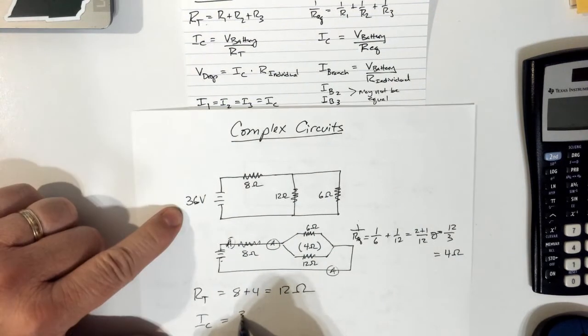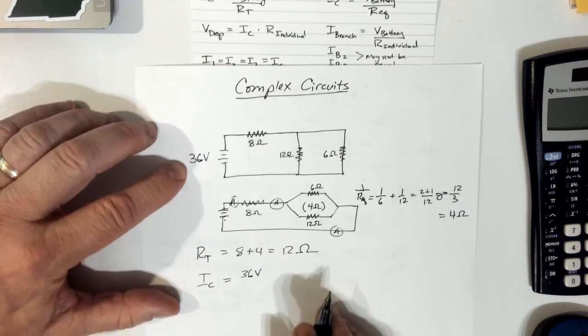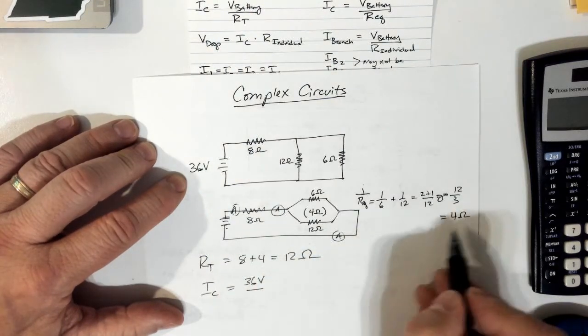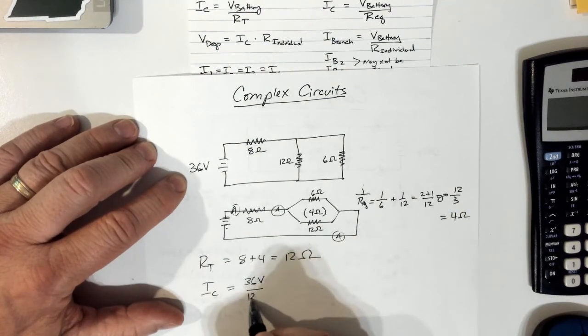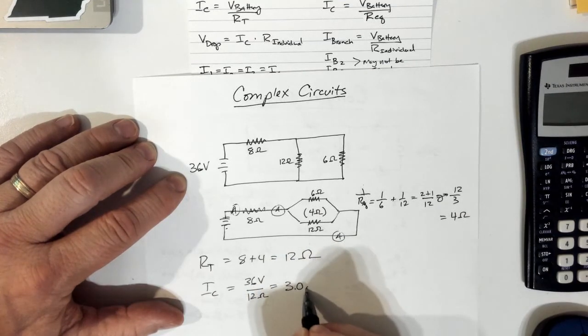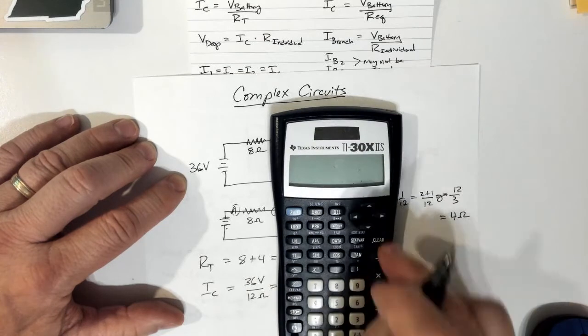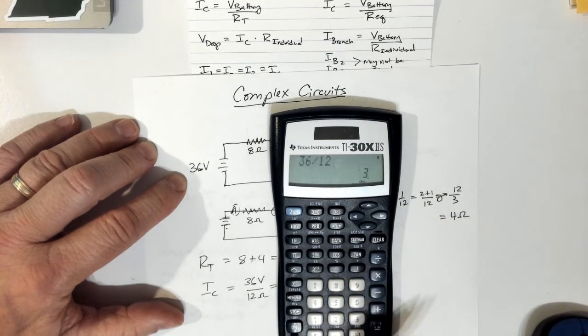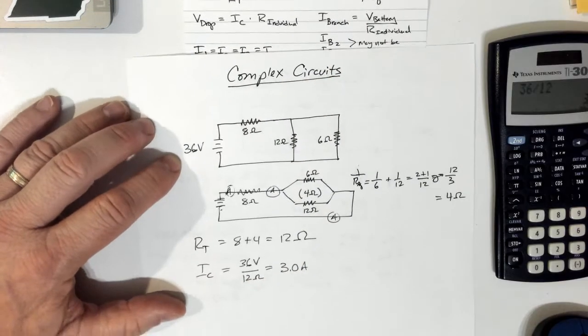So 36 volts divided by the total, which we found out to be 12 ohms. 36 divided by 12 is 3 amps. If you're not sure, turn it on here. 36 divided by 12 is 3. Okay? So that gives me the current.